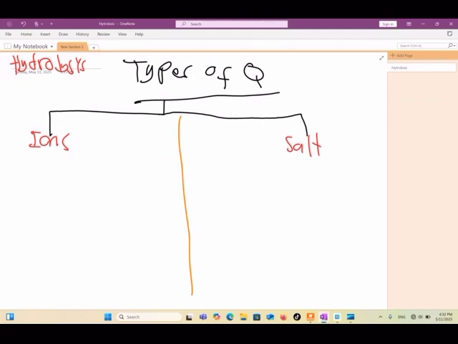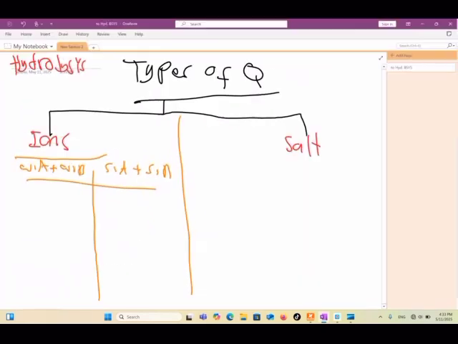The salt can undergo both hydrolysis. Guys, whenever ions are provided, there are two groups of ions: the ions that we obtain from weak acids and weak bases, and the ions we obtain from strong acids and strong bases.